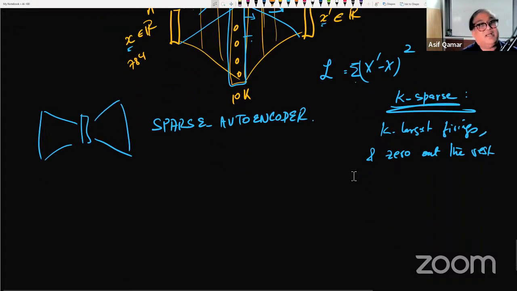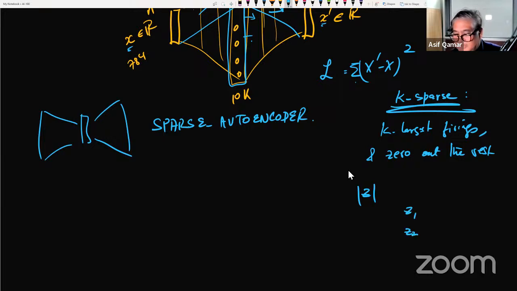Or what you could do, the other way that people do, is they say all of the firings must be small. I'm not going to zero out any of the firings, but the size of Z itself, right? Each of the firings, Z1, Z2, let's say that it is a k-dimensional vector.